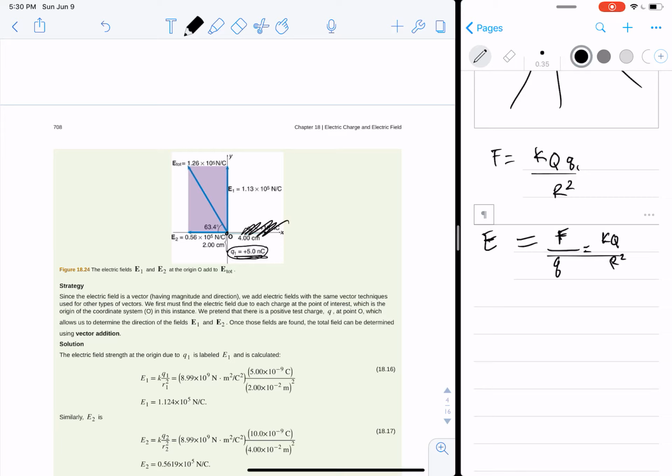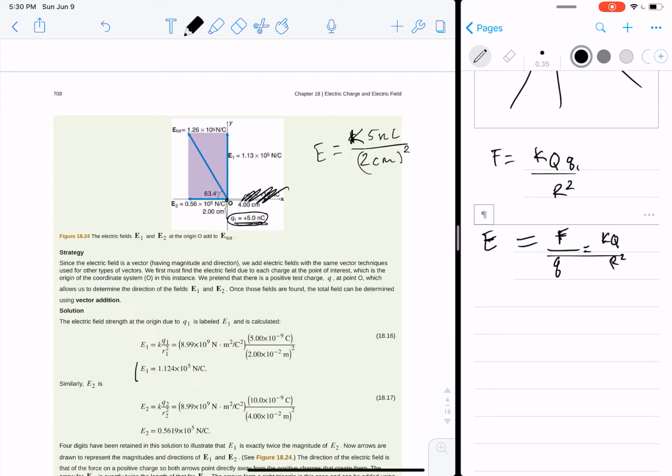The electric field is K times Q, 5 nanocoulombs, divided by R squared. We're 2 centimeters away, so 2 centimeters squared. You take K times 5 nanocoulombs divided by 2 centimeters squared, and then you get the electric field.